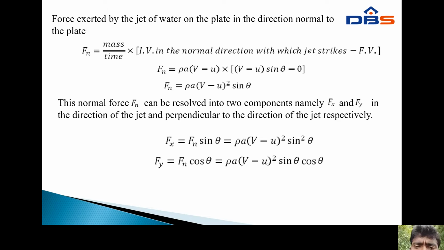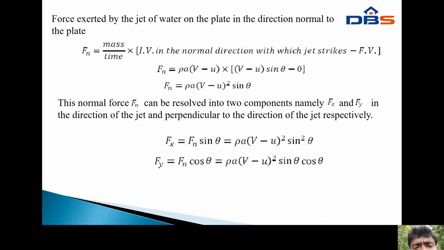This normal force F_n can be resolved into two components, F_x and F_y, in the direction of the jet and perpendicular to the direction of the jet respectively. Therefore, F_x equals F_n sin theta.